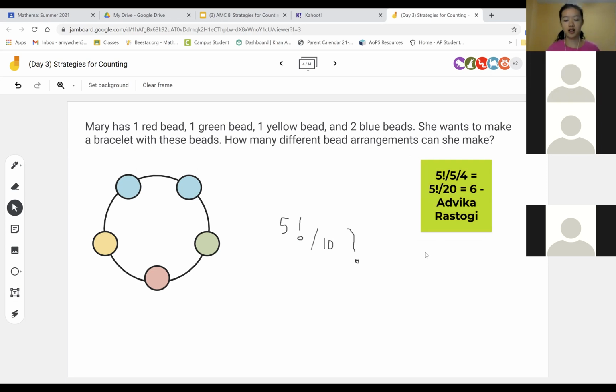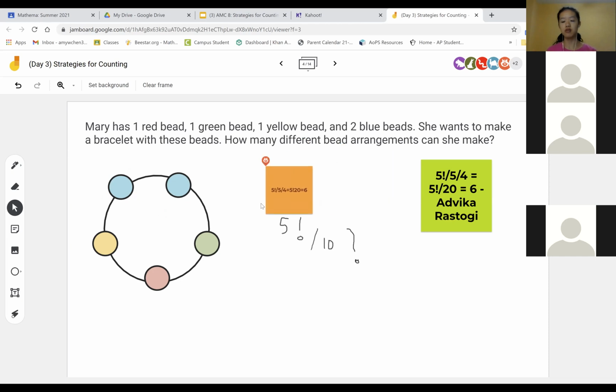So basically, when you first approach this problem, you just do this in the same way that you normally solve these bracelet problems. You do 5 factorial, and then you divide by 5, and then you divide by 2. However, because you have these two identical blue beads, you have to divide by 2 a second time to compensate for these.